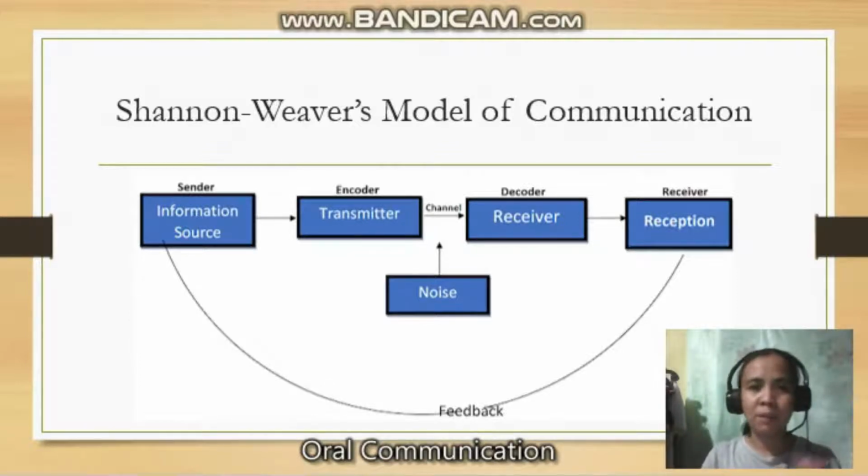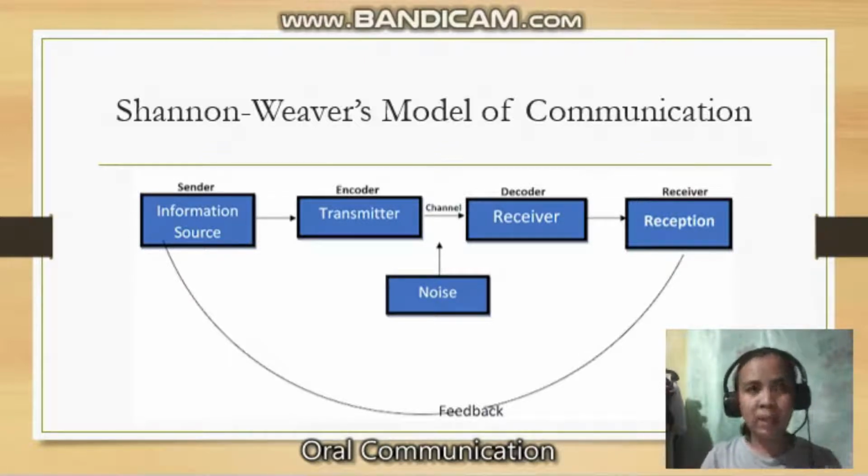Otherwise, if the receiver can't receive the exact message, then it will affect the effective communication between the sender and the receiver. During the process, there may be distraction, right? There could be physical noise, like horn sounds, thunder, or crowd noise, or encoded signals that may distract in the channel during the transmission process, and it will affect the communication flow from the sender to the receiver.